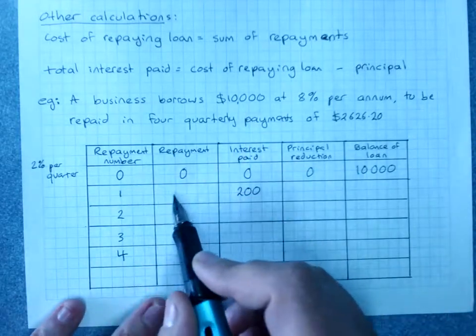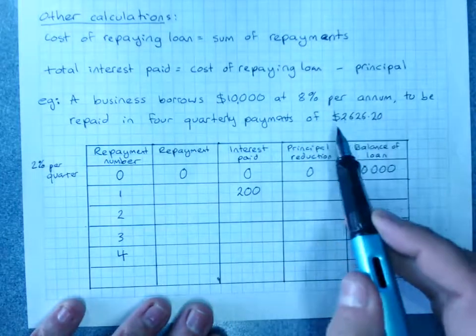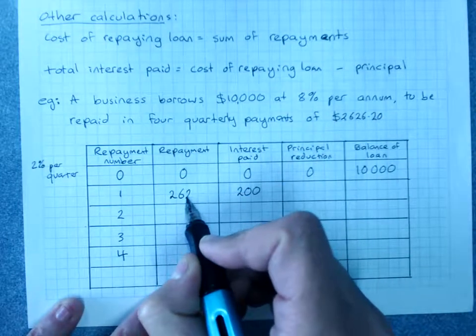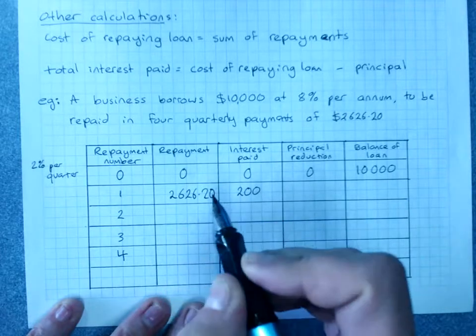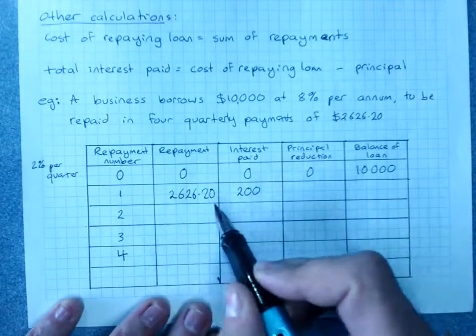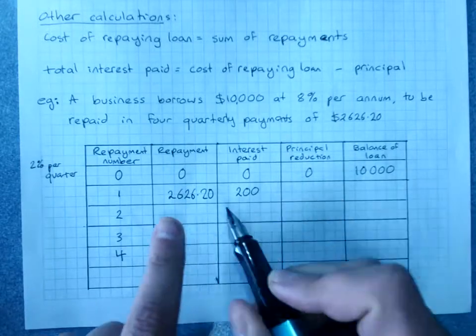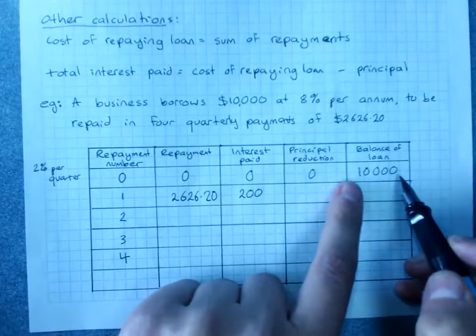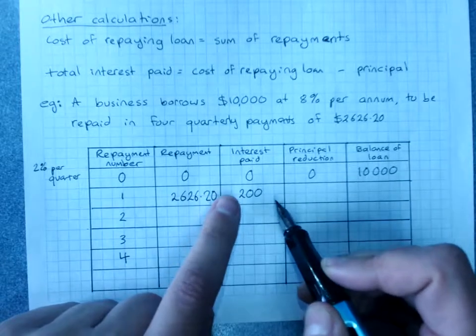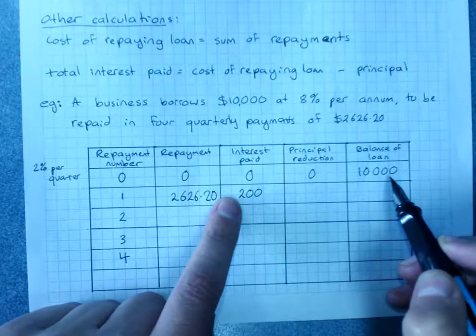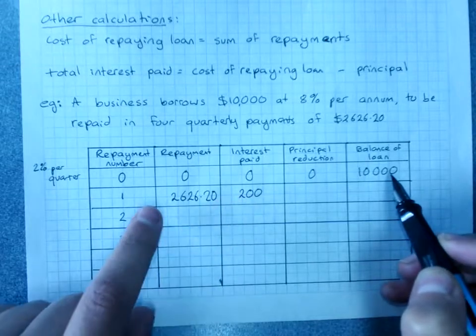Now, the first repayment, we go back to here, is $2,626.20. The principal reduction. So basically, I did owe this. Briefly add this on. I now owe $10,200. Then take this off.